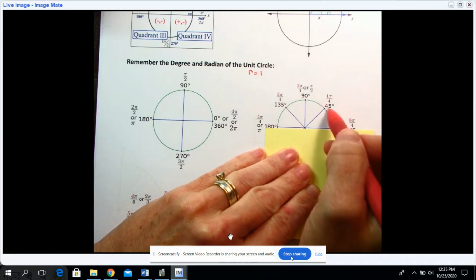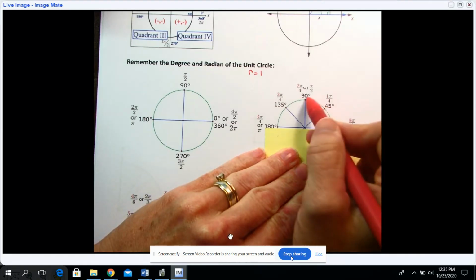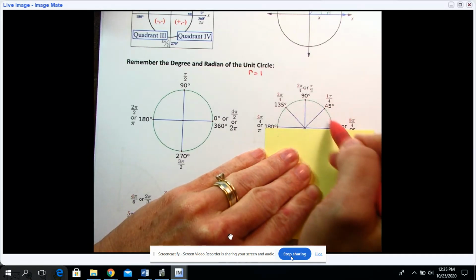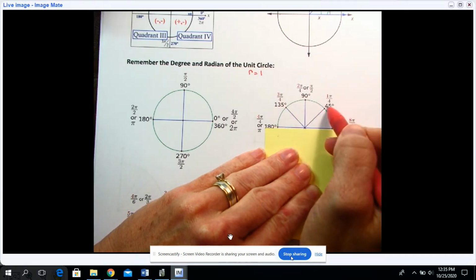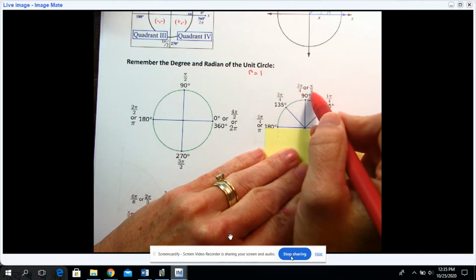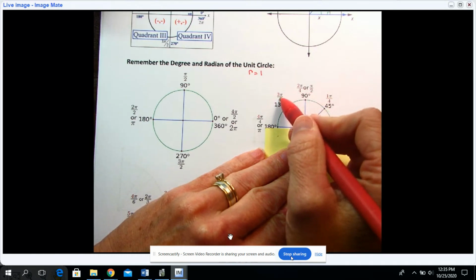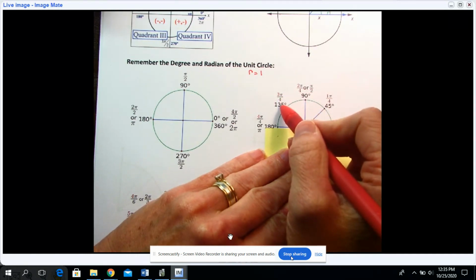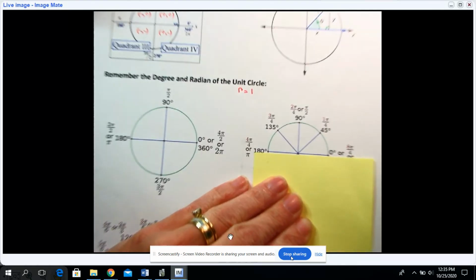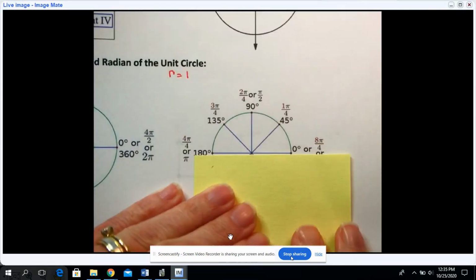So if we go by 45s, 0, 45, 90, 135, 180, then those are broken up into quarters. So you have 1/4 pi is 45 degrees, 2/4 pi, which reduces to pi over 2, is 90 degrees, 3/4 pi is 135 degrees, and then this is 4/4 pi, which is the same thing as just pi, it reduces.